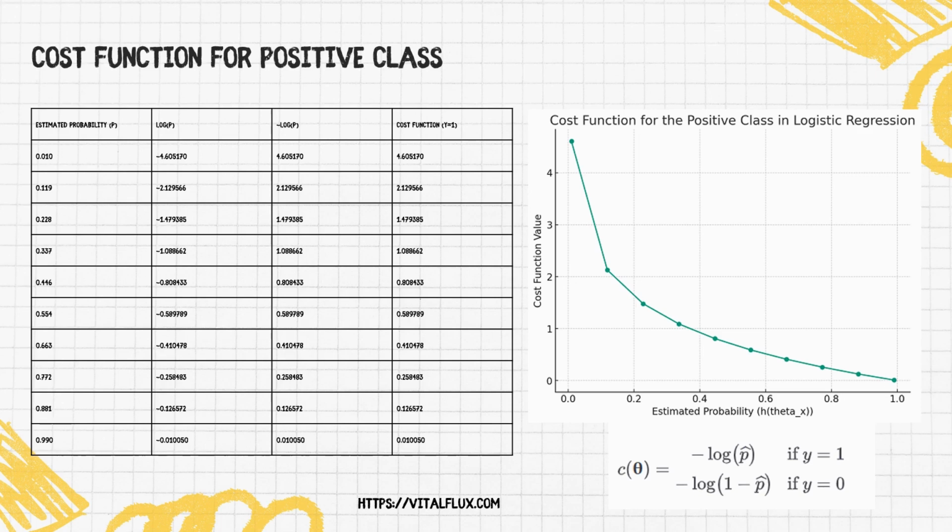Now comes the third column, which is minus log P. It flips things around. So for a low estimated probability, which is a bad prediction for the positive outcome that actually occurred, what we need is a high cost, and this is where taking the negative of log P results in a high cost.